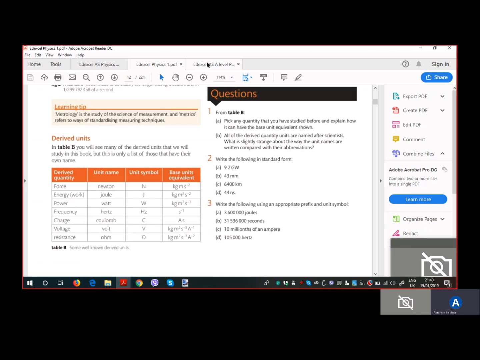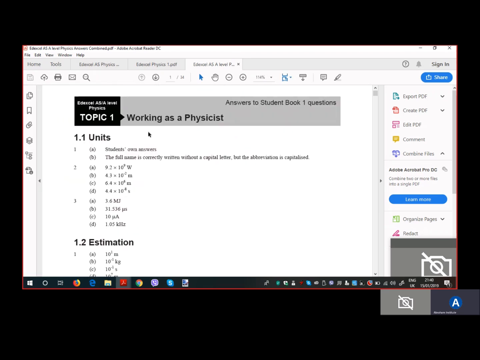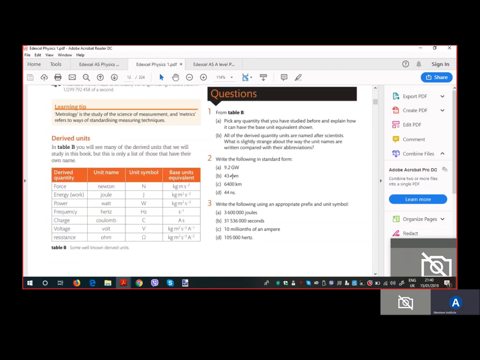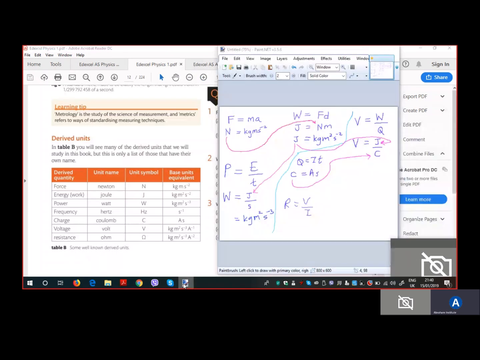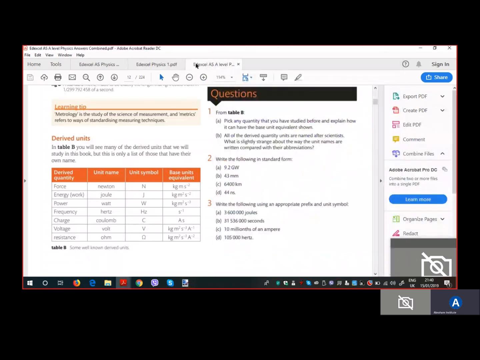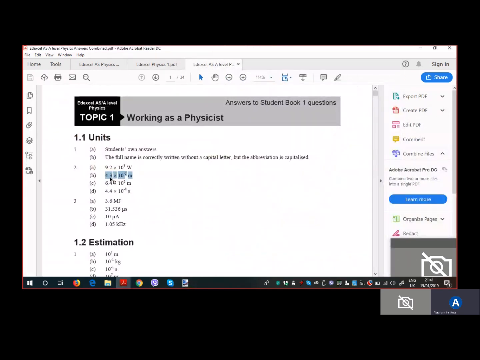Here it's milli, 10 to the power minus 3. Do you understand it? The decimal point should be after the first non-zero digit.